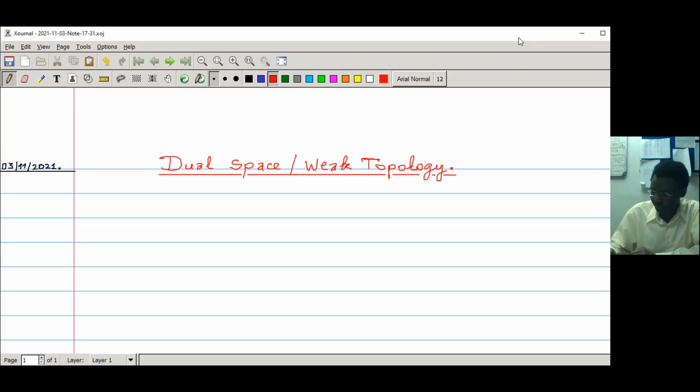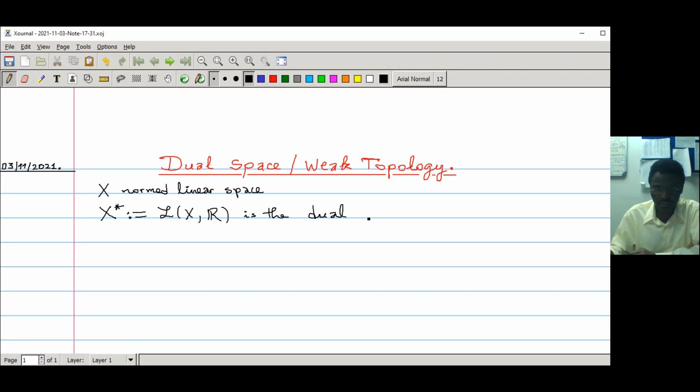Okay, so of course, we know already that X is a normed linear space. Great. This we know.